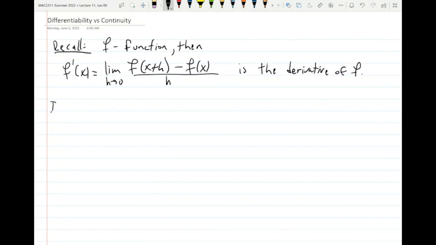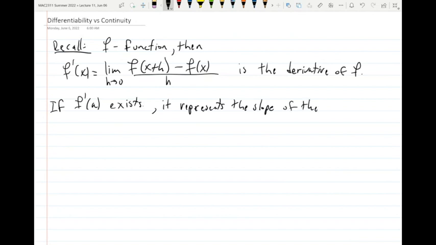And then if f prime of a exists, what I mean is if we replace x by a in here, so that will be f prime of a, if that limit exists, then that number represents the slope of the tangent line to f at the point a comma f of a. So that's the geometric meaning of what we are computing.